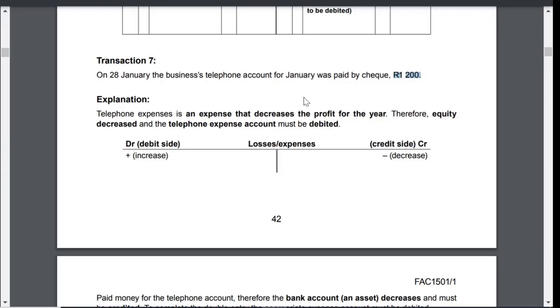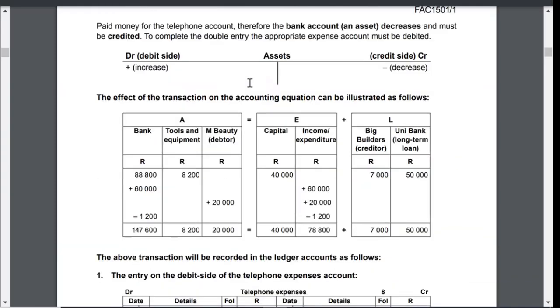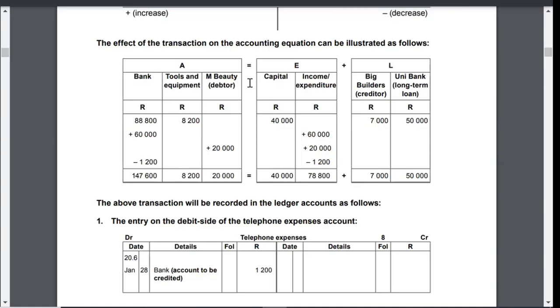Okay. So the two accounts are telephone and bank. The expense telephone is increasing and the bank, the asset, is decreasing. Let's see how this will affect your accounting equation.